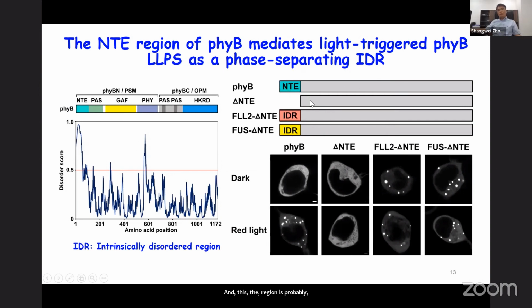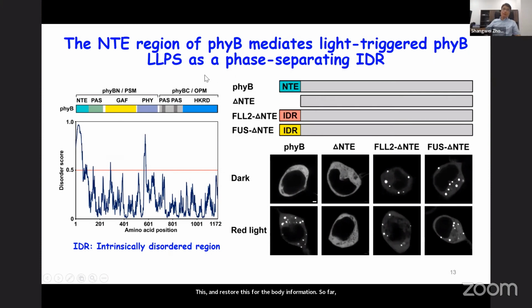So we expressed the full-length phy and the truncated phy without the NTE, and found that with deletion of NTE, the droplet formation of phy was totally abolished. When adding different IDRs, such as IDRs from FL2 from plants and FUS from animals, these IDRs can restore this photobody formation. Therefore, these results indicate that the NTE of phy is a phase-separating IDR that promotes the phy droplet formation.